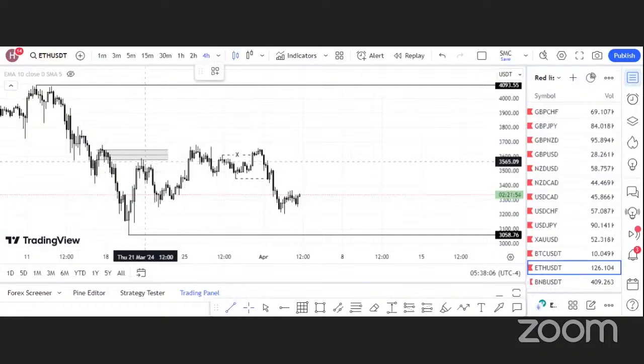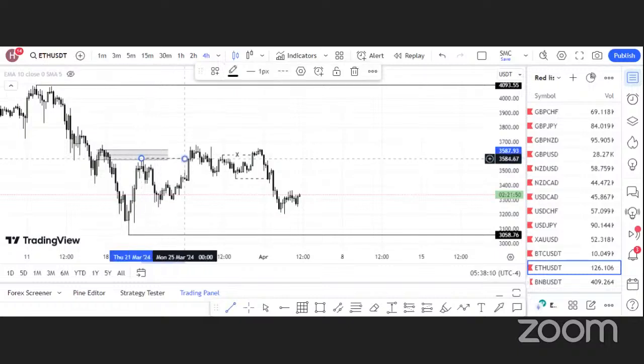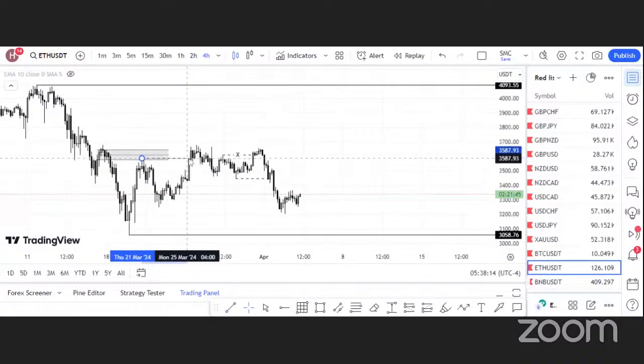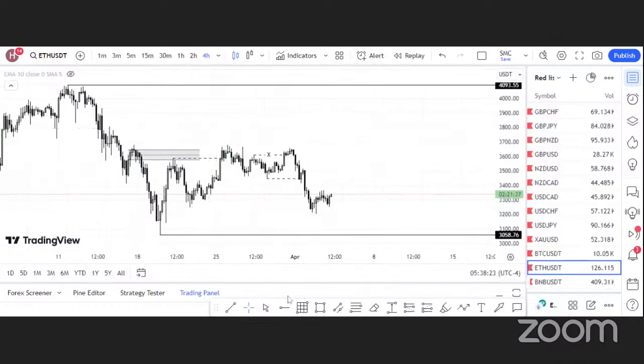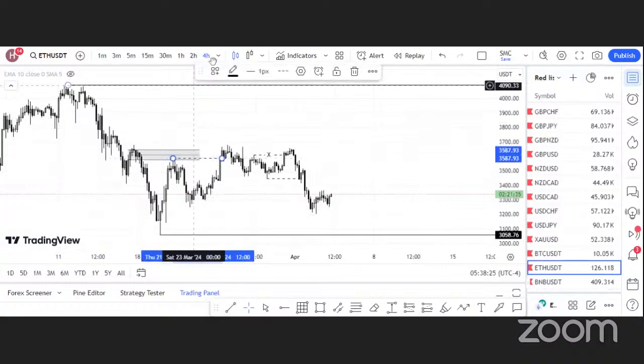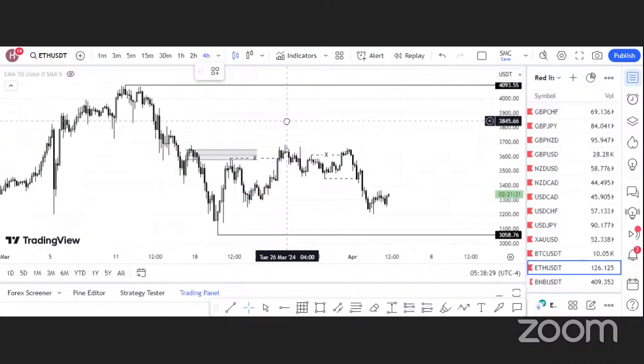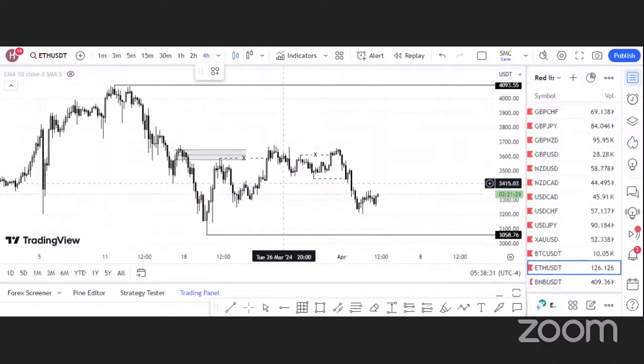The market came back all the way up to break the high. So when the high got broken, we had this. We had liquidity taken out.